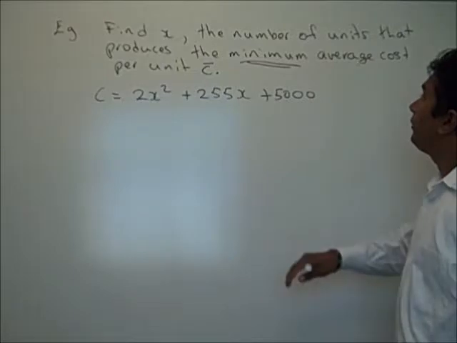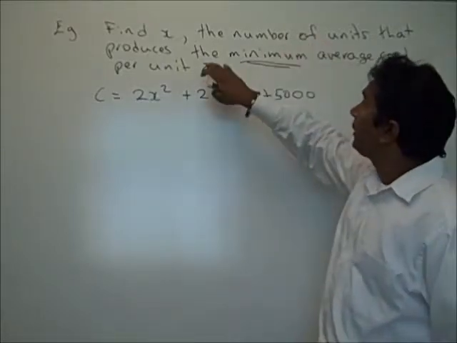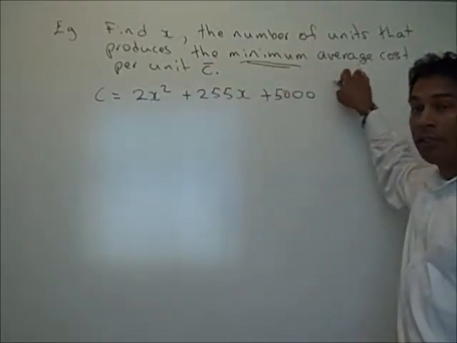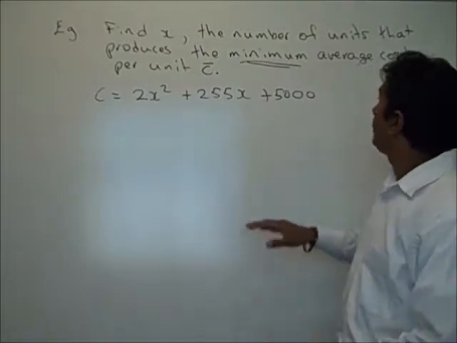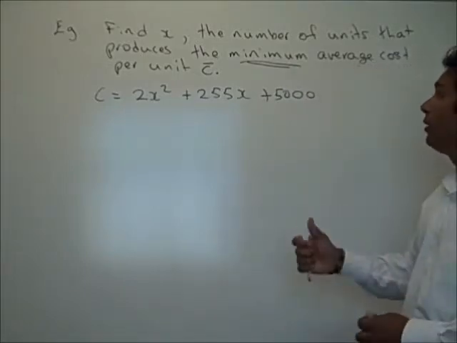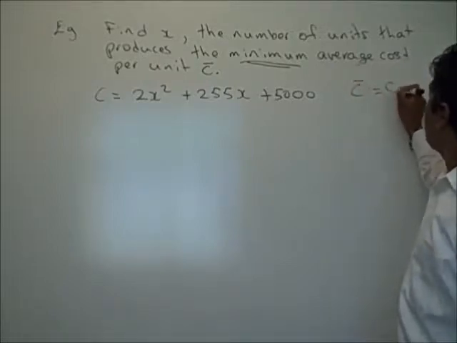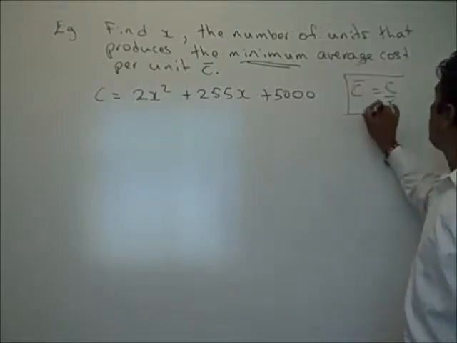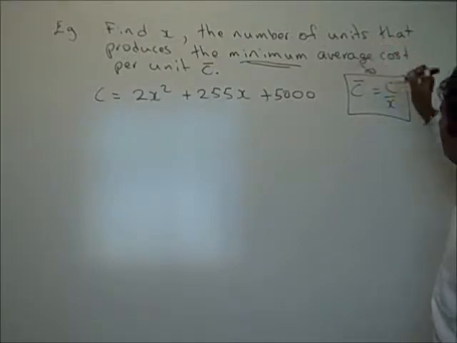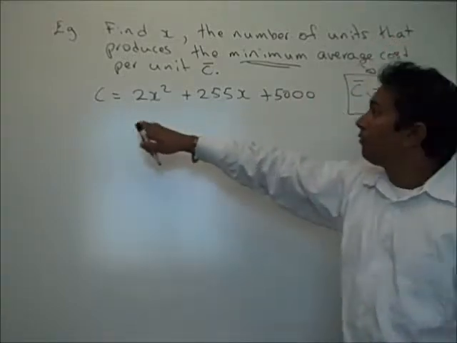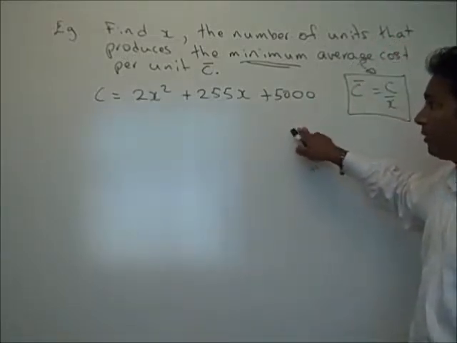Here we're trying to find the number of units x that produces a minimum average cost per unit. Now this average cost is defined as C over x. So our average cost definition is to divide C, our function here, by x.